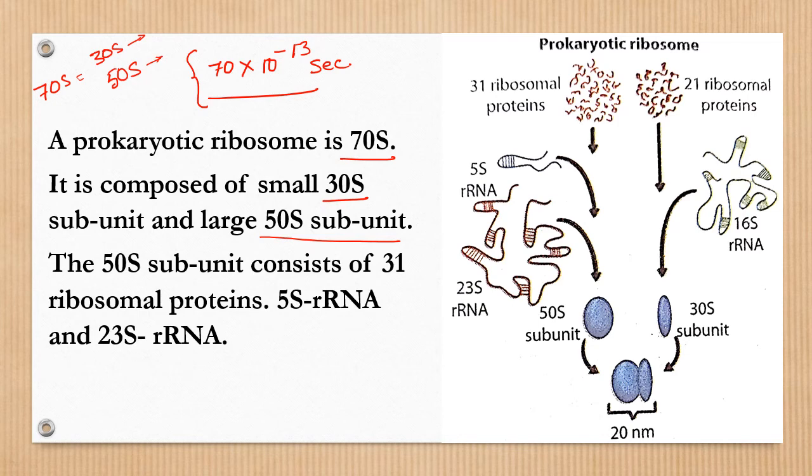Now you may have a doubt: both together should become 80S, but you are saying 70S is the prokaryotic ribosome size. When you add the small and large subunits, it becomes 80S. Then where is the difference of 10? Why is this different? Remember, you are all using a pen and it has a cap. Separate the pen and cap and measure them.